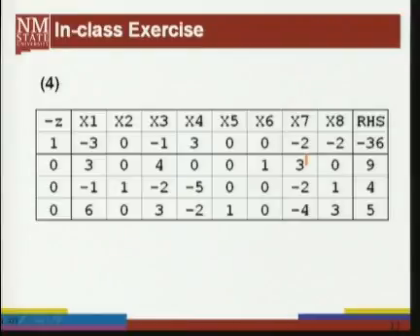How about this table? Is it an optimal table? No, because there is a positive relative profit. So this is not an optimal table. Then which variable do you want to select to enter the basis? Yeah, we have only one choice, right? x4. So the x4 column is selected as the pivot column, right?